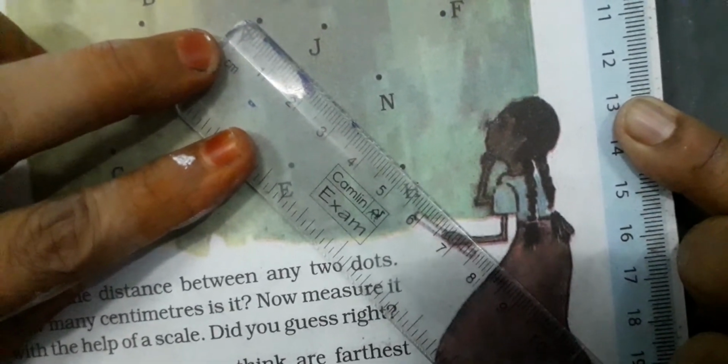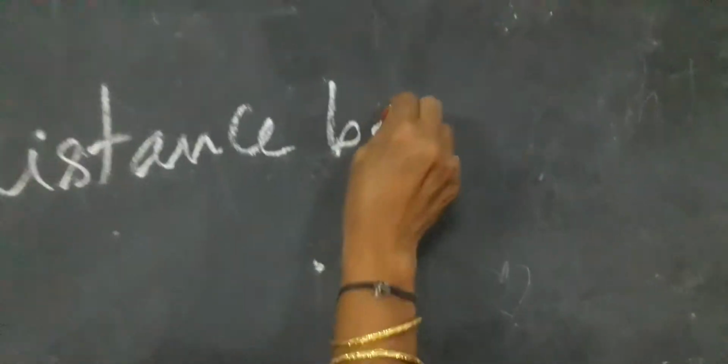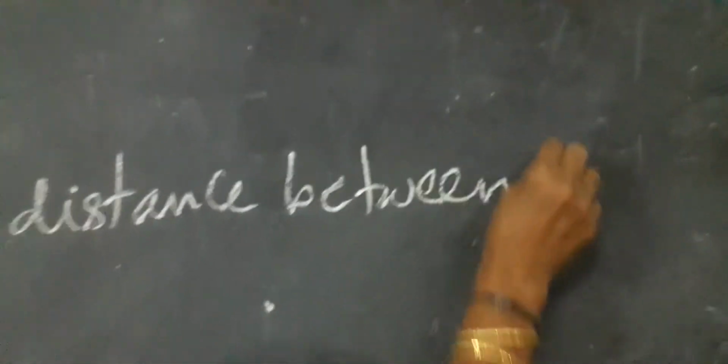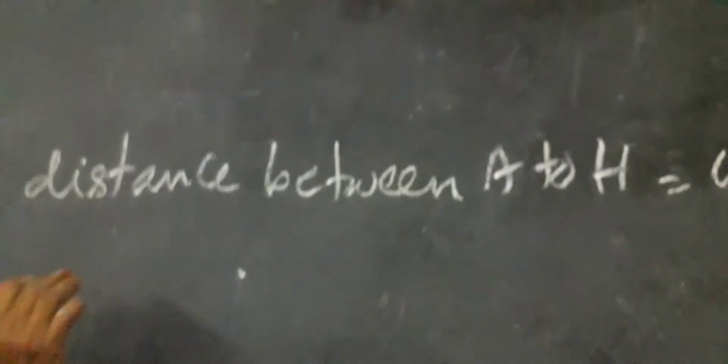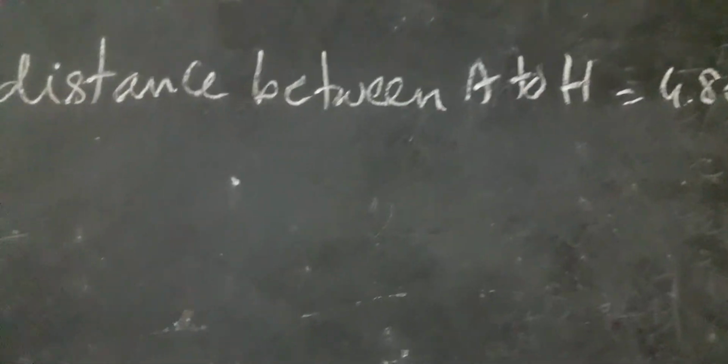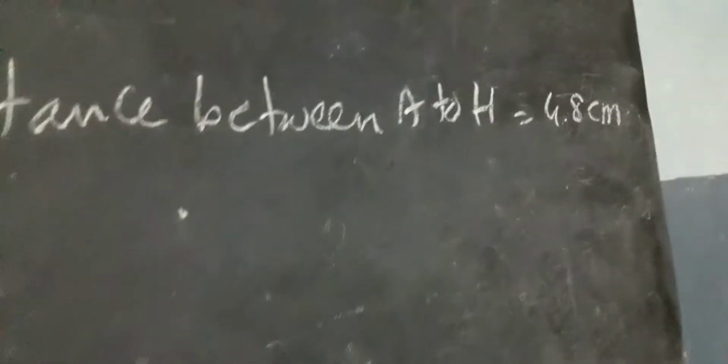The distance between A to H is 4.8 centimeter. You can take any two dots, guess and measure, and write how much it is.